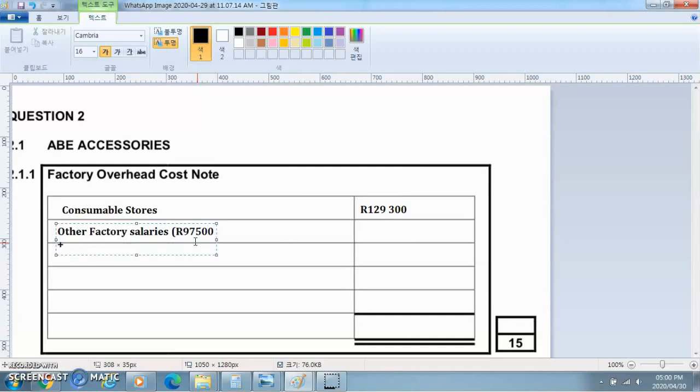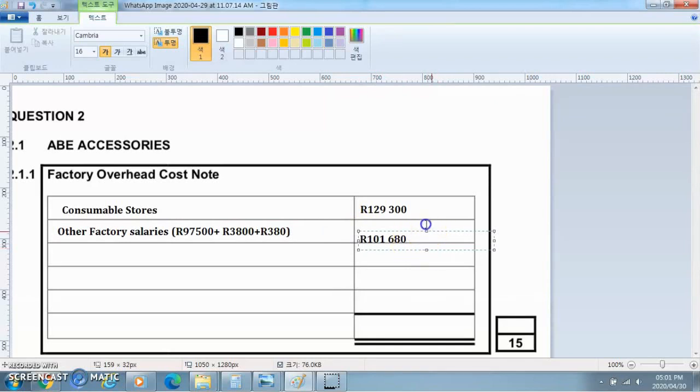And then we say plus 3,800, right? And then we say plus the employer contribution, which is 380, and then add everything together, and then we have a total here. So what's the total here? The total is going to be 101,680. Okay, so I hope this is helpful.